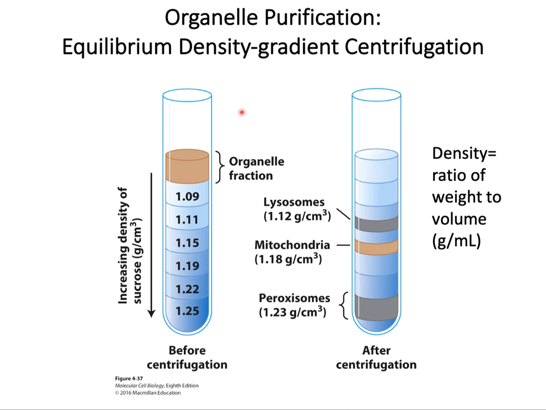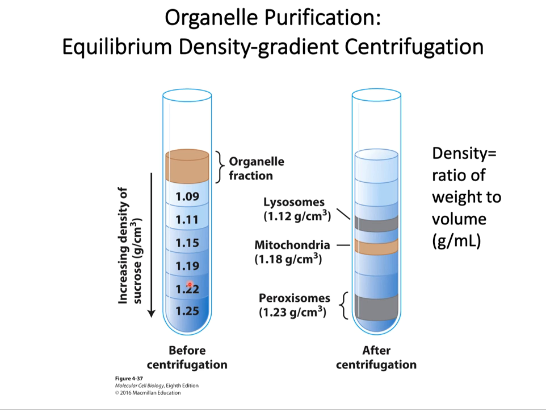The characteristic feature of this type of centrifugation is that it takes place through a density gradient, from a low density material at the top to a higher density material at the bottom. One common material is sucrose. Sucrose density gradient centrifugation is a standard method of purification.